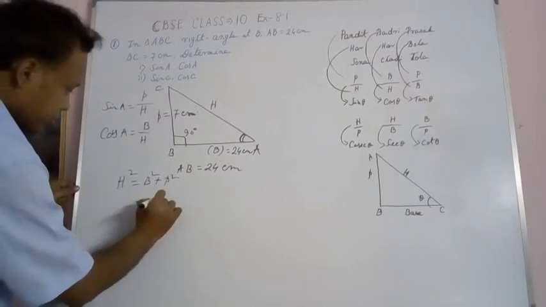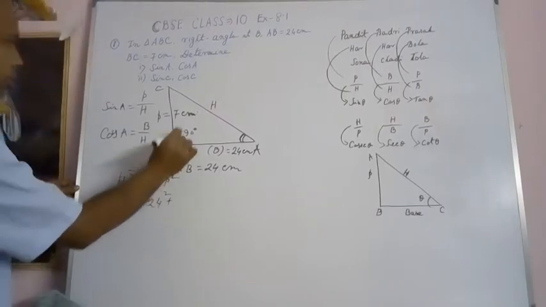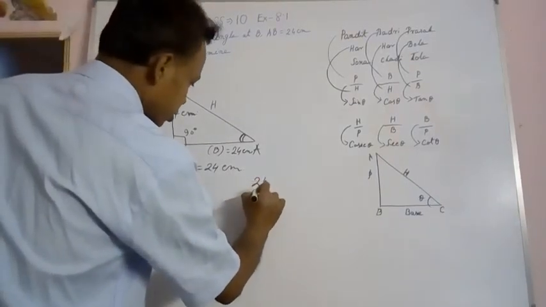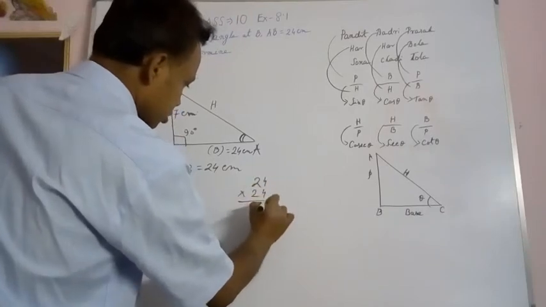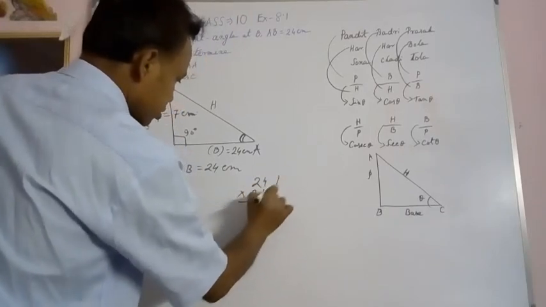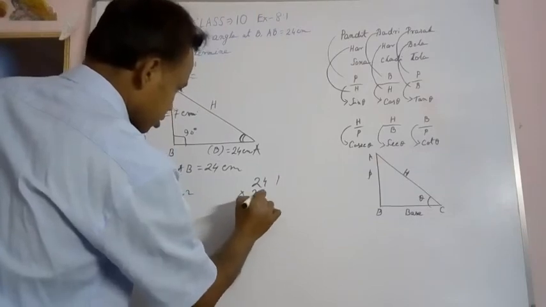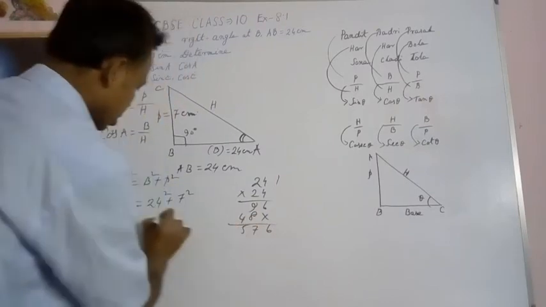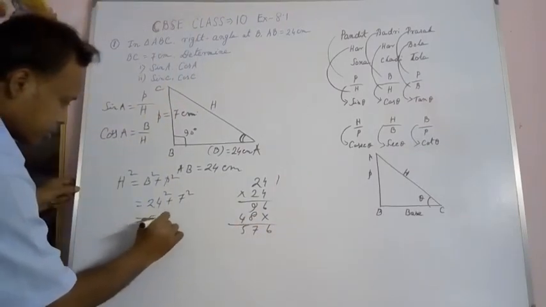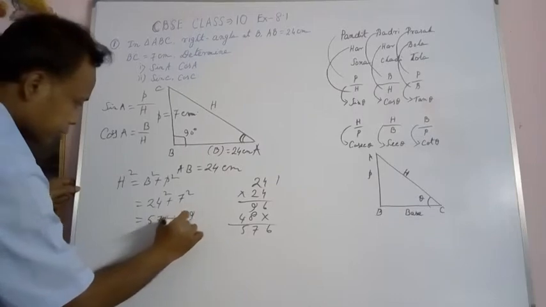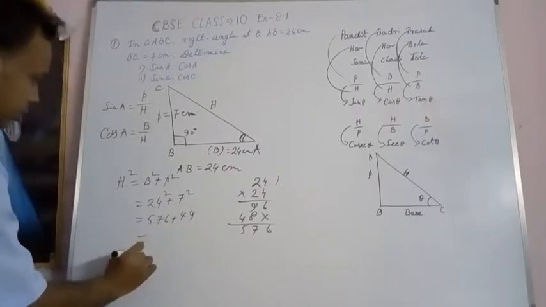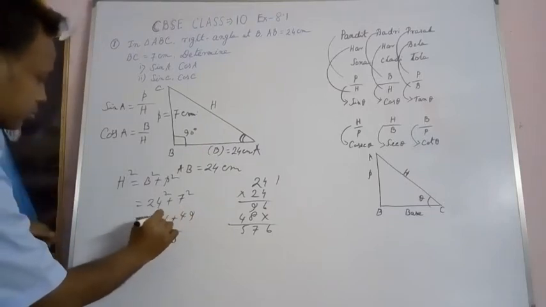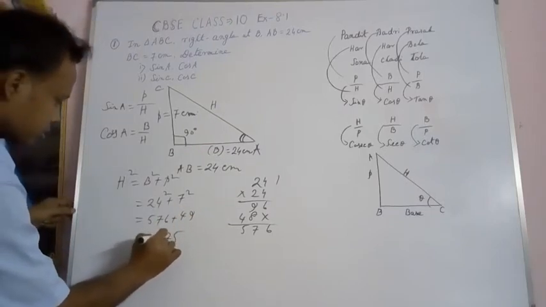Base is equal to 24 square plus perpendicular is equal to 7 square. 24 square is equal to what? 24 into 24, that is 576 plus 49 is equal to 625.